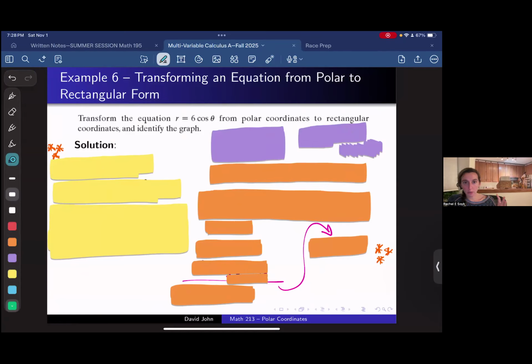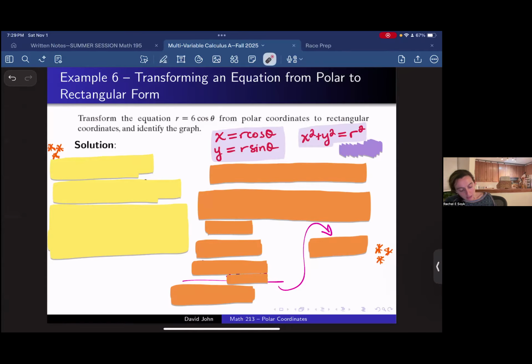I'm first going to write out all of our equations from our previous slide: r cosine theta and r sine theta are equal to x and y respectively, and r squared is equal to x squared plus y squared. I'm going to keep the other purple one covered because I'll reveal it later on.